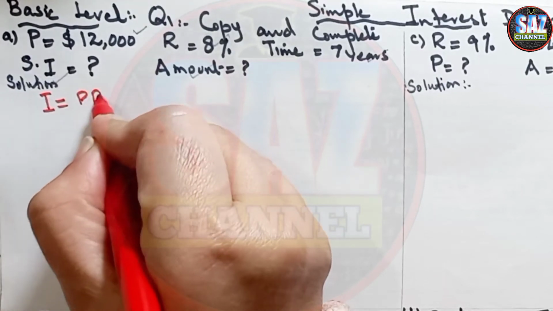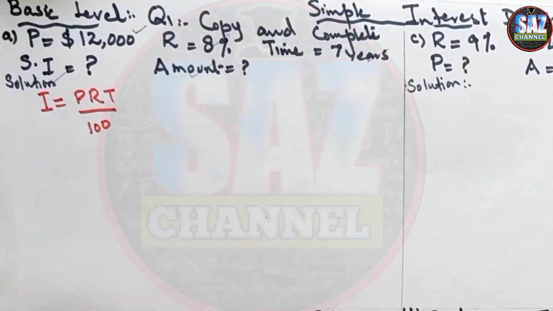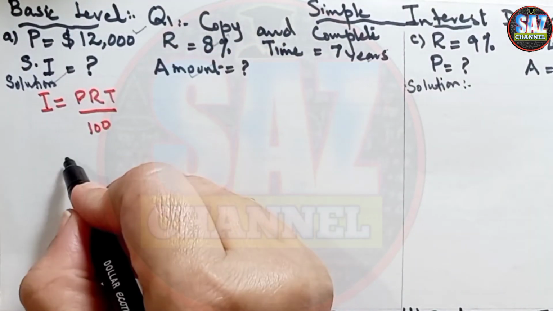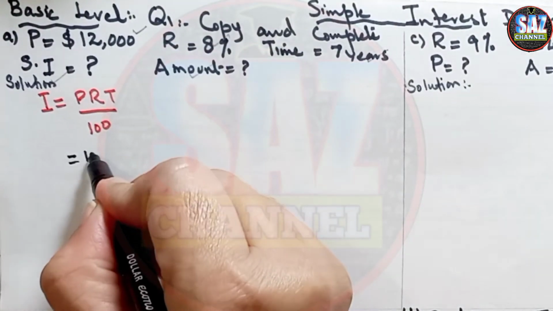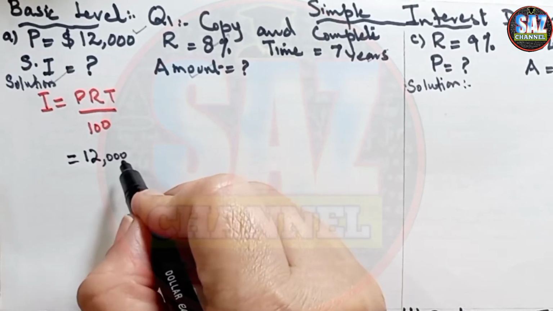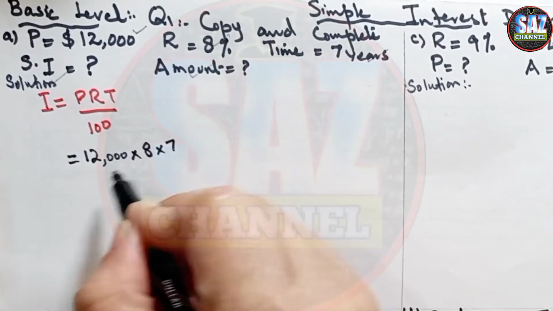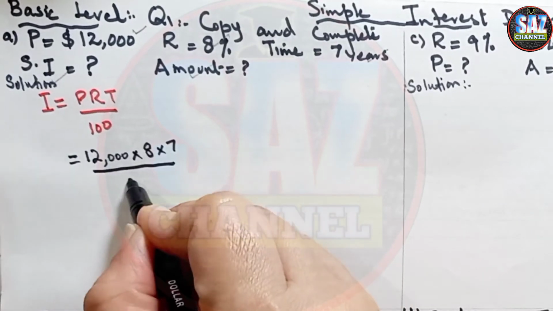Very easy question. First of all, write down the formula and see which components are given. Principal is given, so instead of P, I will replace 12,000 multiplied by rate 8 and time 7 years upon 100.